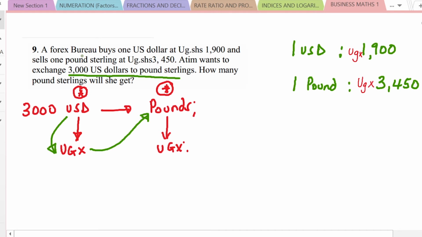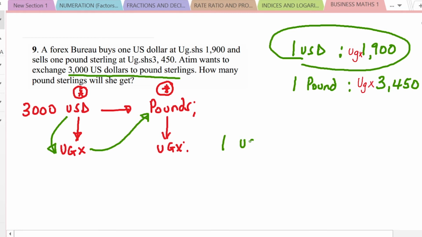So here we go. A Forex Bureau buys $1 at 1,900. So we shall say that $1 is bought at 1,900 Uganda shillings. Question: what about 3,000? How much will they be equivalent to in Uganda shillings? Let's call that x.